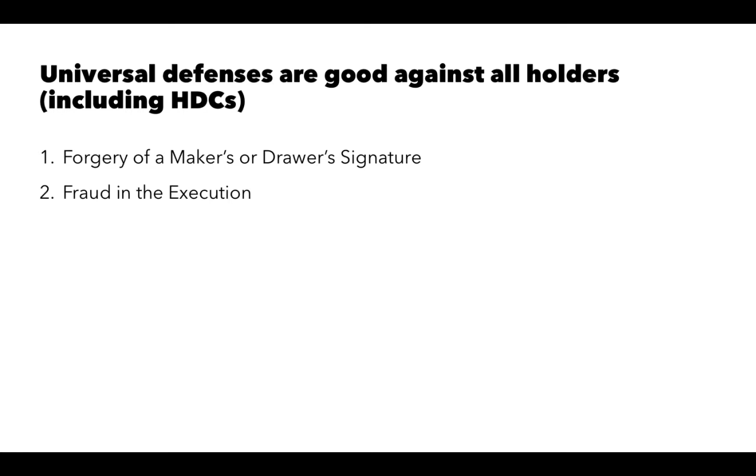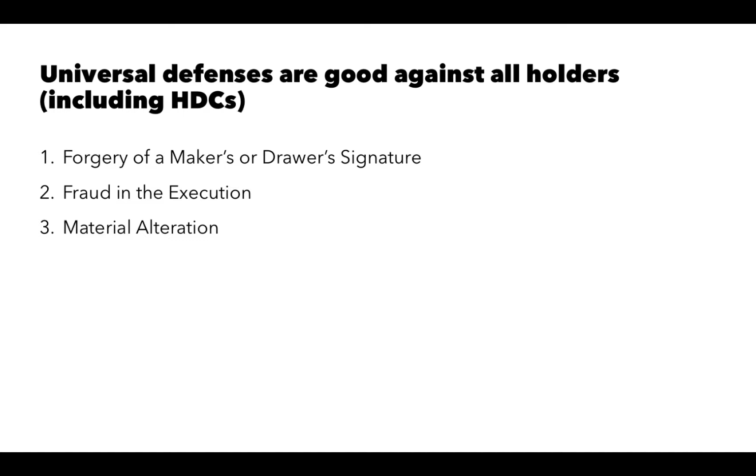A person whose signature is obtained through fraud or deception is not liable on the instrument unless reasonable inquiry would have revealed to the signer the nature and terms of the instrument.